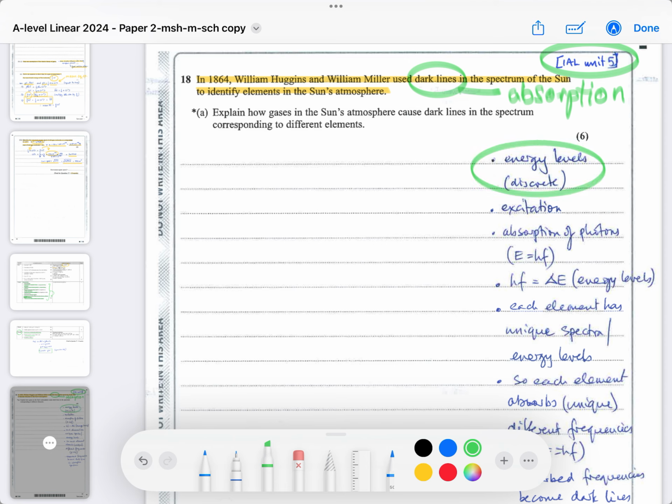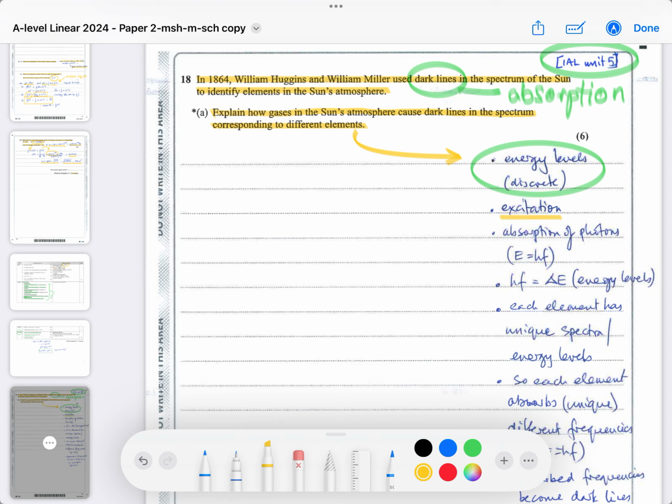So what's the question actually asking? It says explain how gases in the sun's atmosphere cause dark lines in the spectrum, and how they correspond to different elements, because every element will have different energy levels. So they have different energies that will cause excitation.